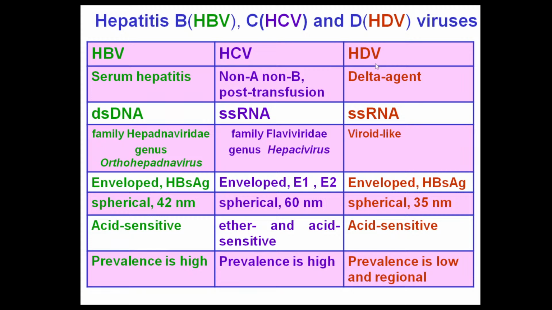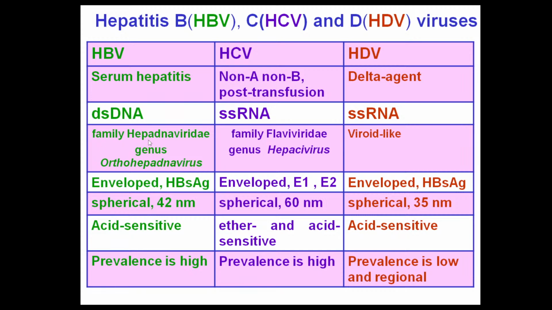So hepatitis D is also called delta agent because it is not a complete virus, it is sort of a defective virus that we discuss later on. And you can see here they all belong to different families.